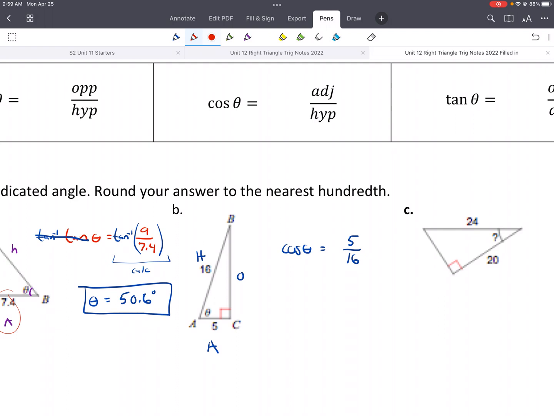We need to get theta by itself, so we'd use cosine inverse of both sides. So theta equals cosine inverse, shift or second cosine, of 5 divided by 16. And I got 71.8 degrees.